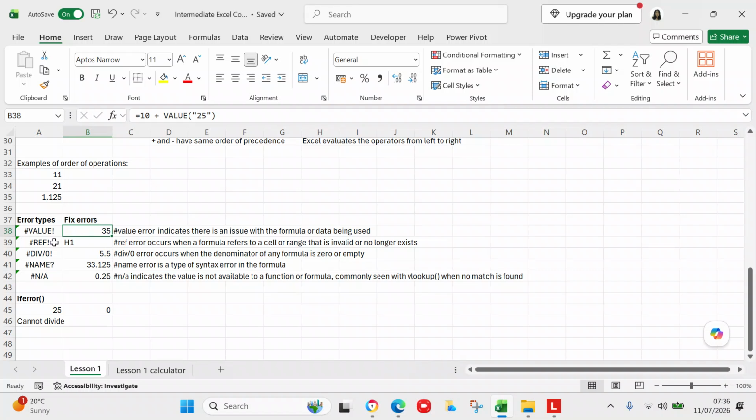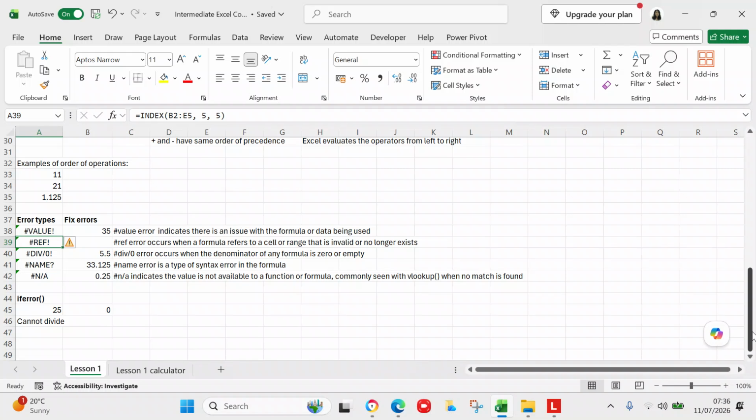And so the next error that we have is ref. Ref occurs when the formula refers to a cell or range that is invalid or no longer exists. So I've got an example of that. Index is B2 to E5 and 5, 5. So you come over here to B2 to E5.